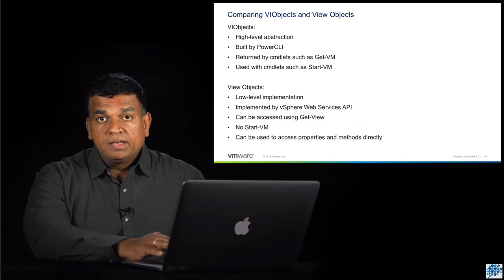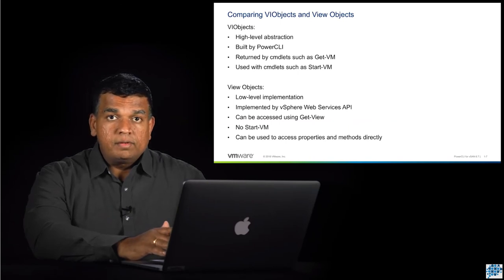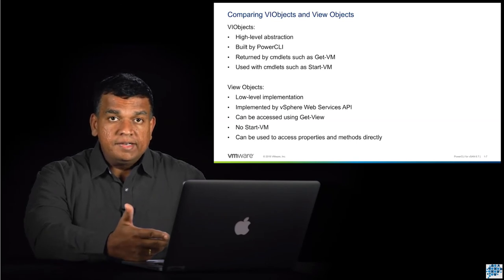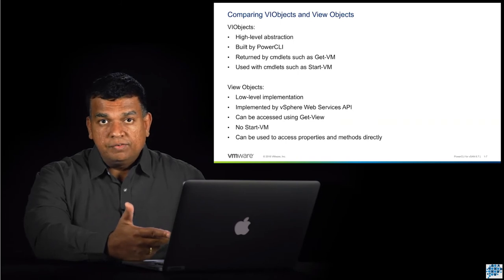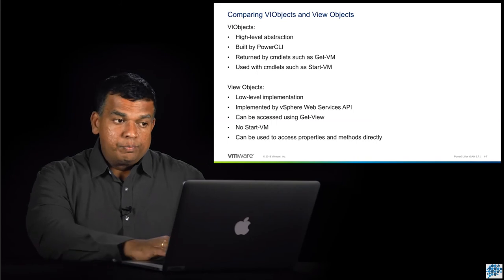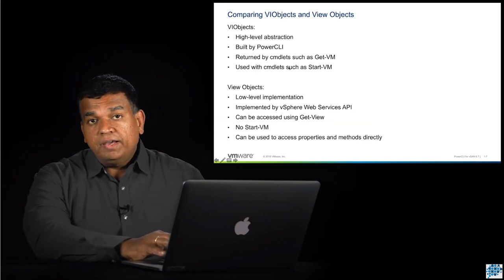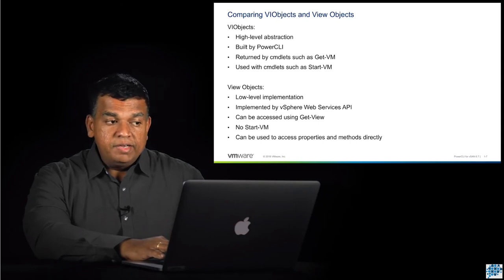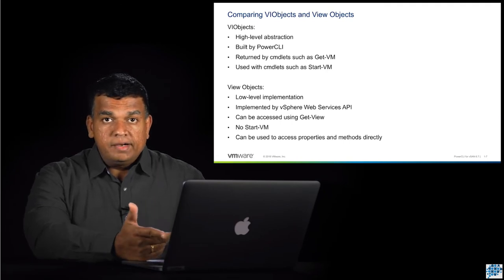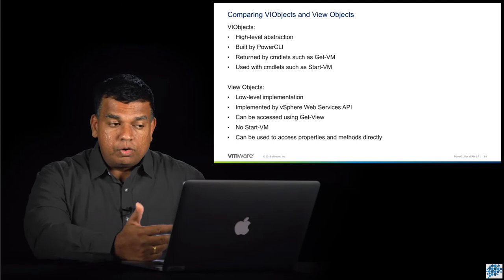PowerCLI utilizes these objects so that we do not need to see the internal nitty-gritty of how the actual objects are arranged within the inventory, so we can look at a more simplified and user-friendly view. These VI objects are returned by commands like Get-VM, and you can use cmdlets like Start-VM. These are the cmdlets which we use day in and day out to control these kinds of objects.